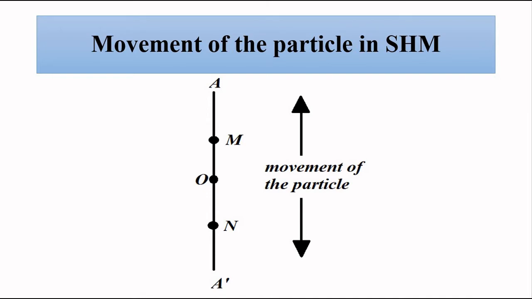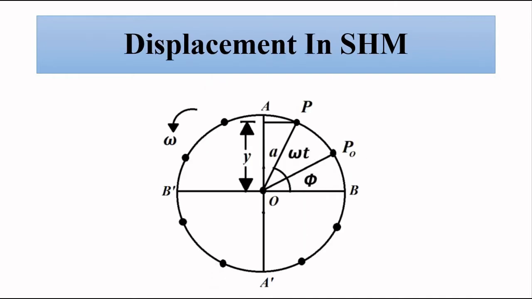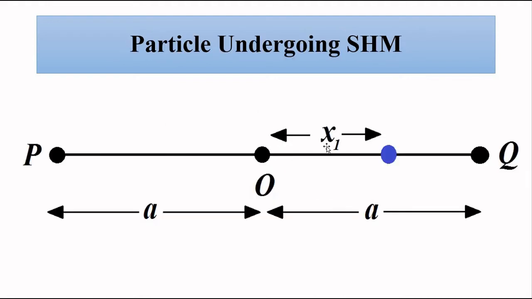Here we'll try to understand the various terms or important parameters associated with it. The first characteristic of simple harmonic motion, which I have already discussed but let us discuss again, is displacement. Displacement in simple harmonic motion is the distance of that particle at any instant from the center position.